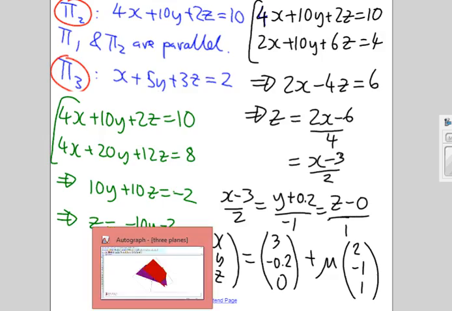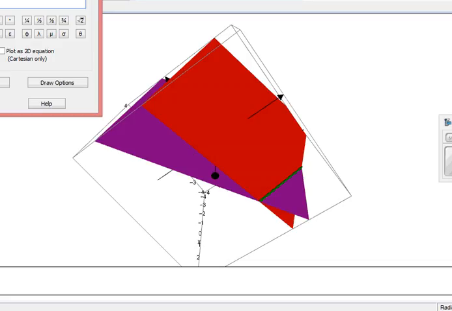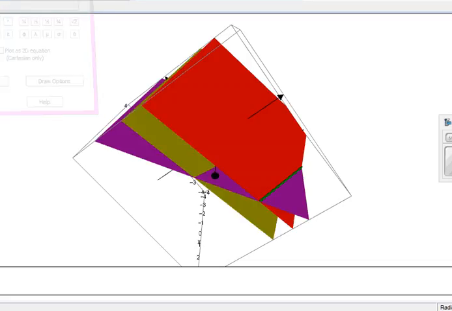So if I go back to my figure and add the next plane, 4x plus 10y plus 2z equals 10. That's the third plane.